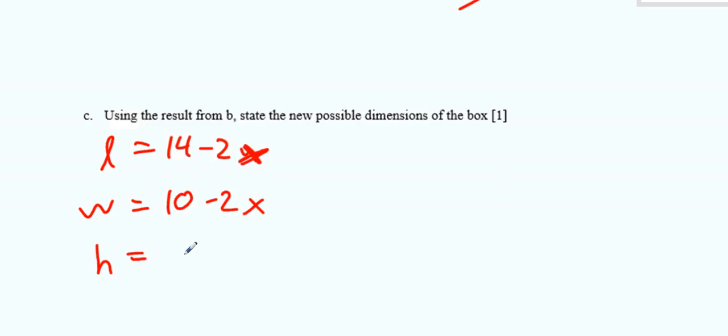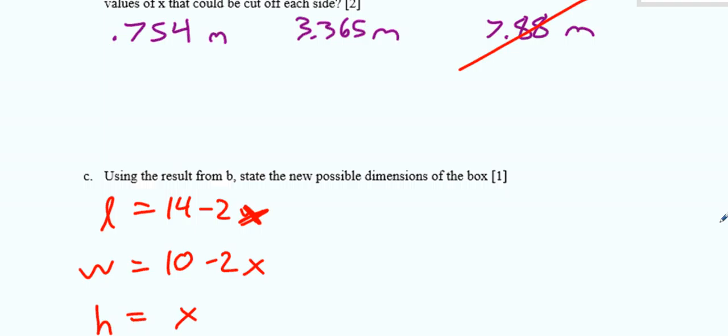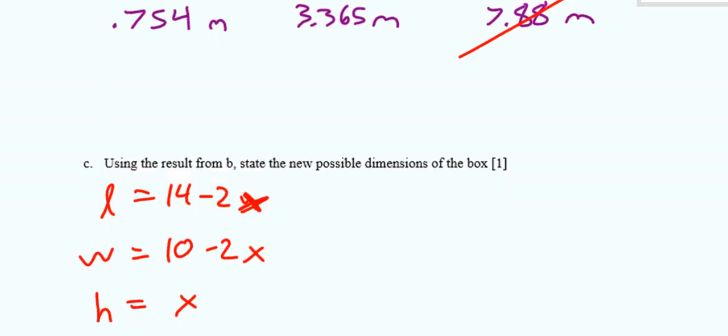And we know the height is just x. So our dimensions for the first possibility are 14 minus 2 times 0.754, 10 minus 2 times 0.754, and just regular 0.754.